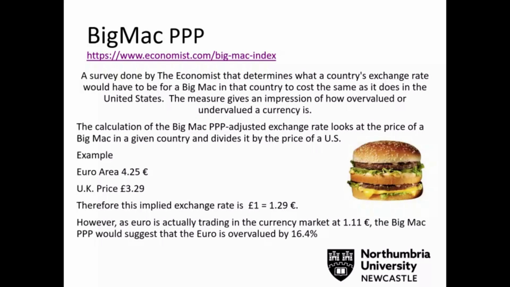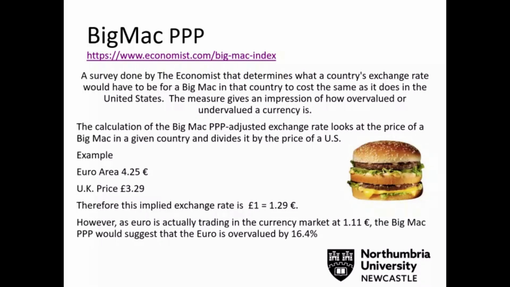So have a look at this example that I've taken from the Economist website, which looks at the average price of the Big Mac. I've set the reference point to being the pound rather than the US dollar. On average, the price for a Big Mac in the UK is £3.29, but the average price in the euro area is €4.25. Therefore, the implied exchange rate is £1 will buy you 1.29 euros.